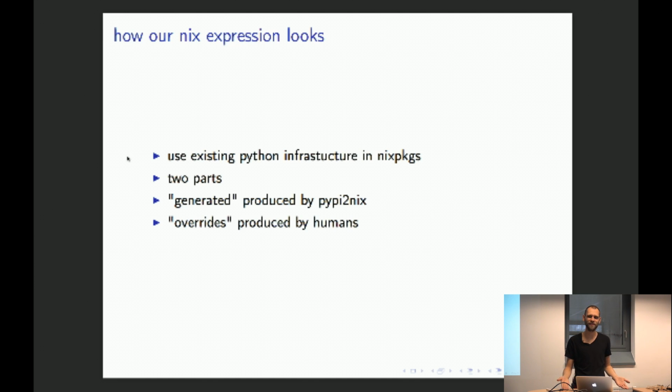For example, dependencies that PyPI2Nix wasn't able to pick up because they were not declared properly in the Python package, or special environment variables that should be set at build time. And we use the fixed point calculation similar to the overlays. I will later show how this might look.